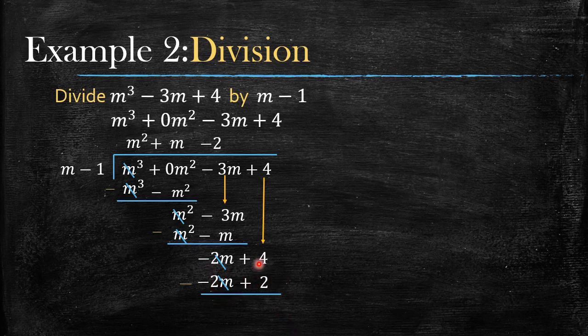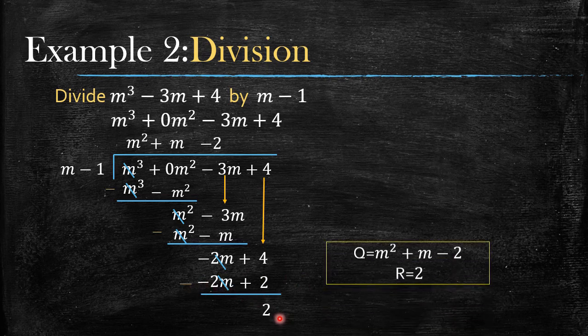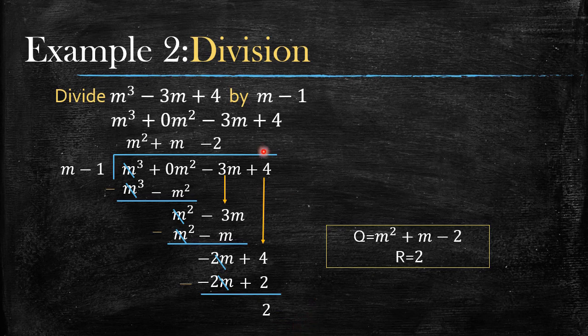And then you ask yourself, what's positive 4 minus positive 2? It equals 2. So basically the answer for this question is: the quotient is m squared plus m minus 2, which is the answer on top, and the remainder is the last part, which is 2. Okay?